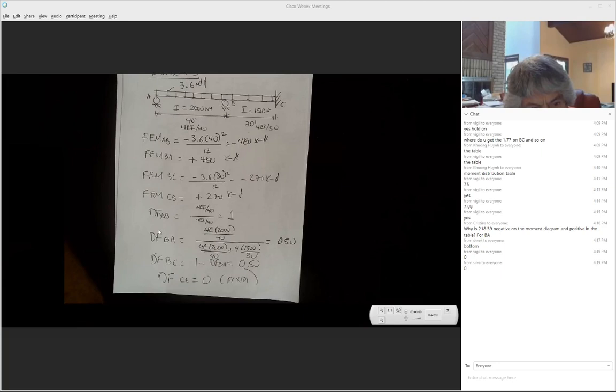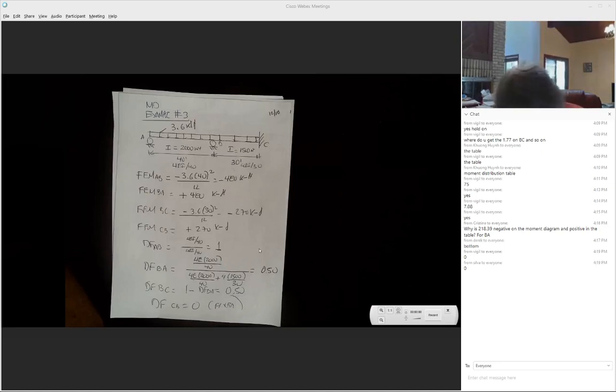From B to A, 4EI over 40, I is 2,000 over 40, over the summation of all the stiffness, and we only have 2 stiffness. So 4E, 2,000 over 40, plus 4E, 1,500 over 30. It happened to be 0.5 also.